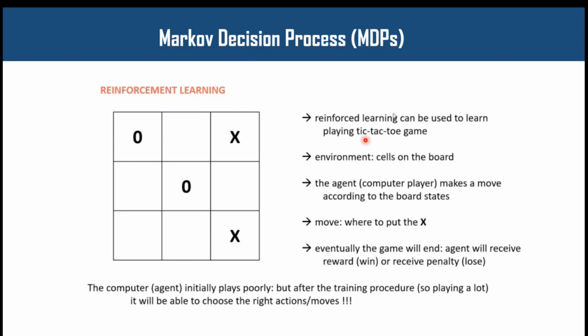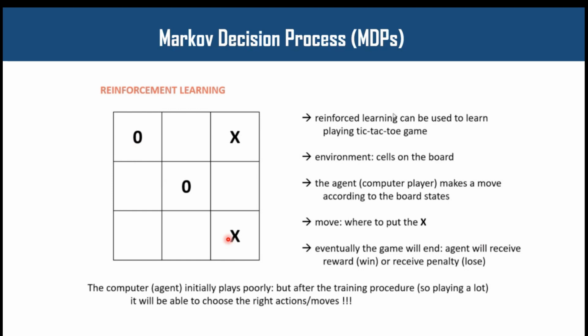How can reinforcement learning be used to learn the tic-tac-toe game? The environment is nothing but the cells on the board. The agent, the computer player, makes a move according to the board. Wherever a cell is empty, any player, either the computer or the human player, can make a move there, where it will put an X. When will the game end?